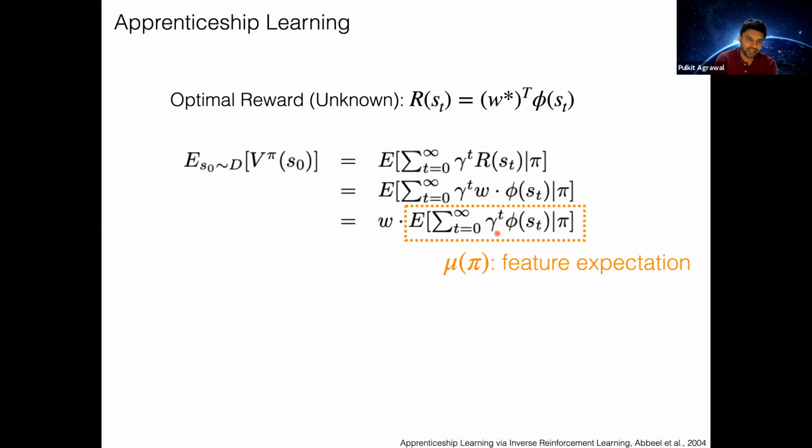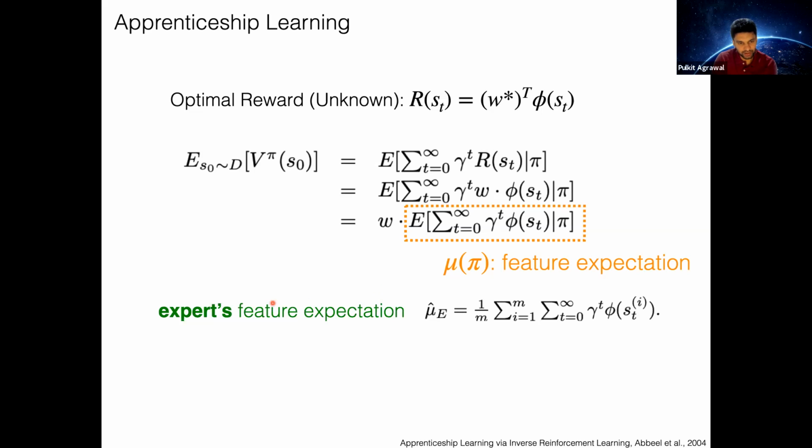Just like the value function outputs the expected rewards, this term mu pi is saying what is the average feature if I run this policy. And suppose we are also able to estimate the feature expectation of the expert. Suppose I got M policies from the expert, so I can find the average feature in the expert policies.